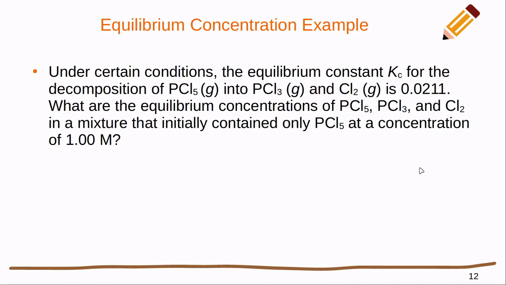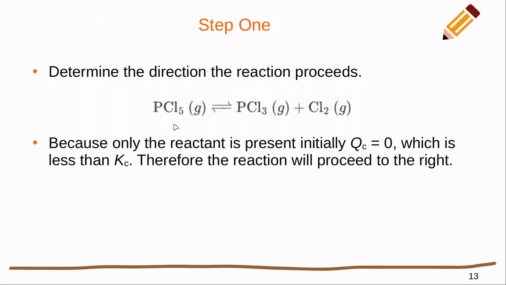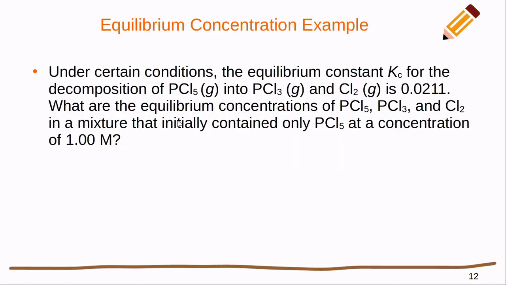At this point, we should be able to recognize that that represents this reaction right here. We're being told the initial concentration of the single reactant with the last phrase: it initially contained only phosphorus pentachloride at a concentration of 1 molar.